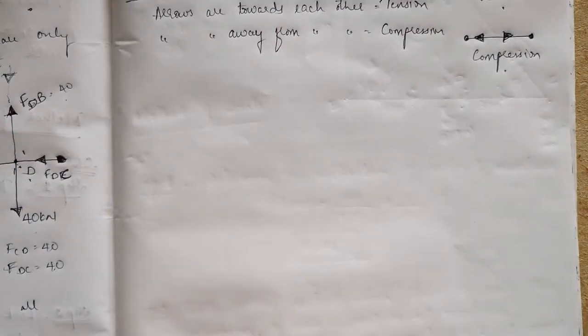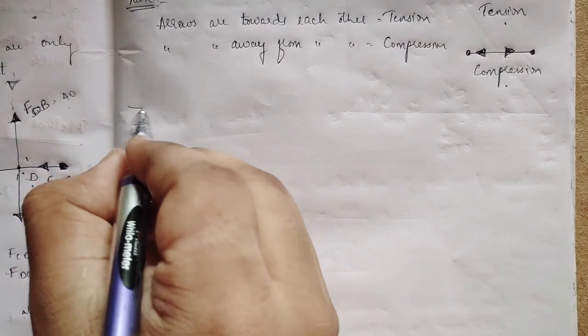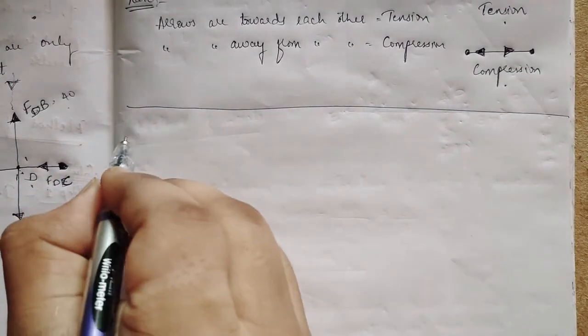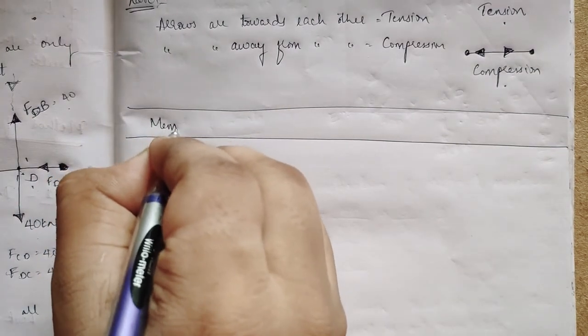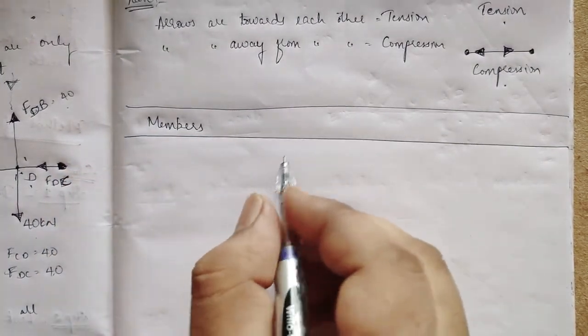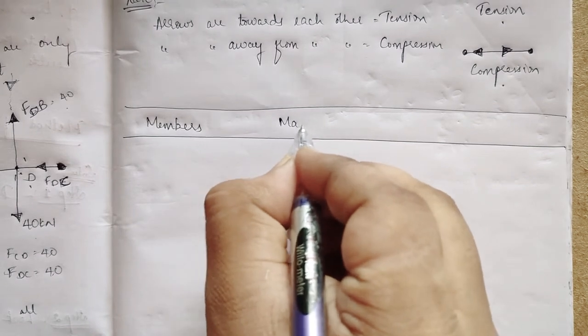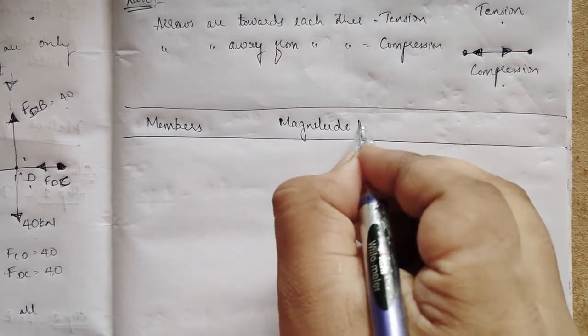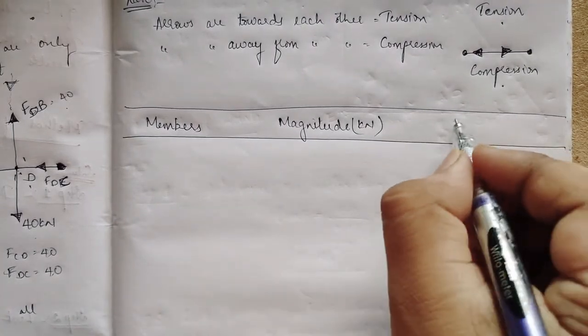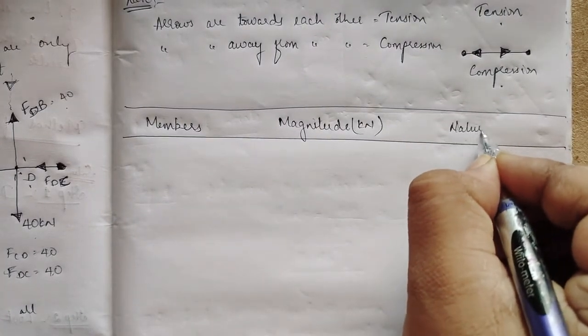Okay, now we have to tabulate the results. What we have to tabulate? We have to mark member, okay, then magnitude of the forces in kilonewton, then nature of the force.